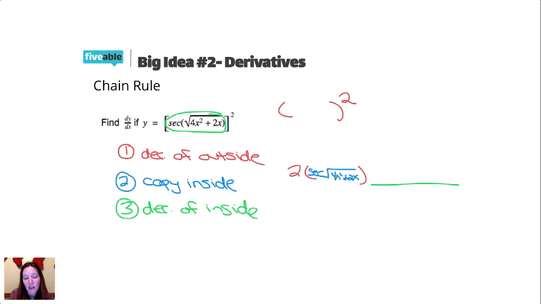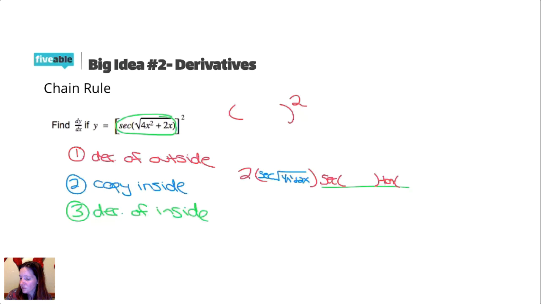Outside function is secant something. So the derivative of that is secant something, tangent something. Step number 2 is copy the inside, right?